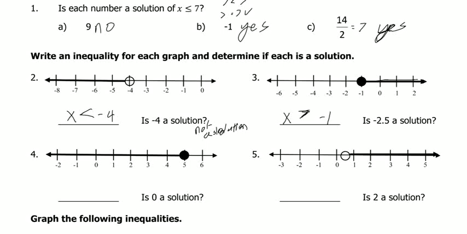So x is greater than or equal to -1. And it's asking, is -2.5 a solution? So -2.5 comes between -2 and -3, somewhere right in there. And as you can see, that doesn't fall in this region right here. It's way off here by itself. So that is a no.